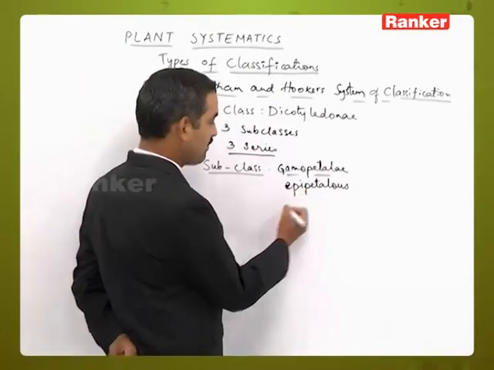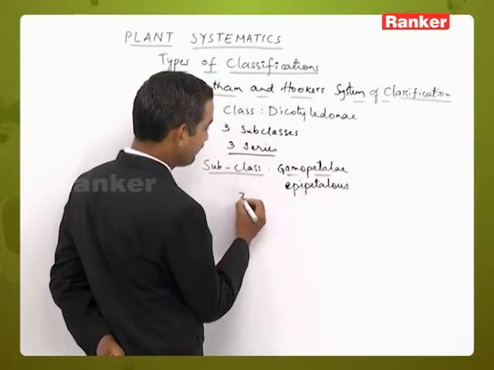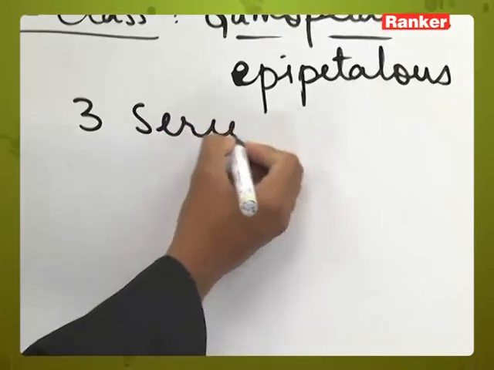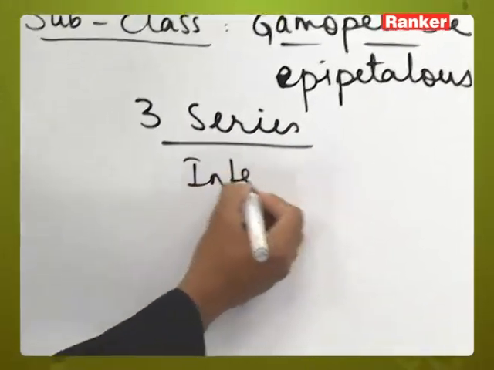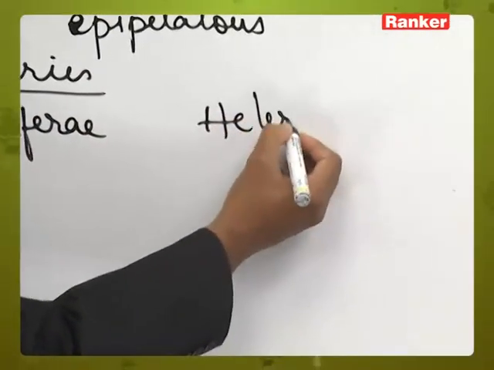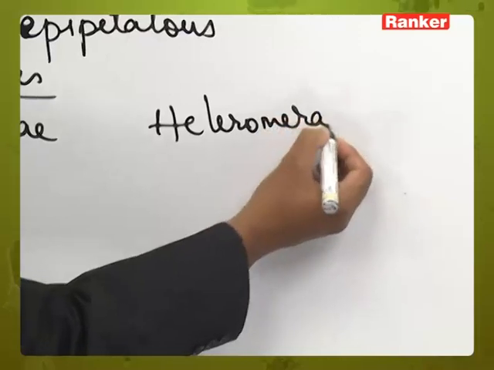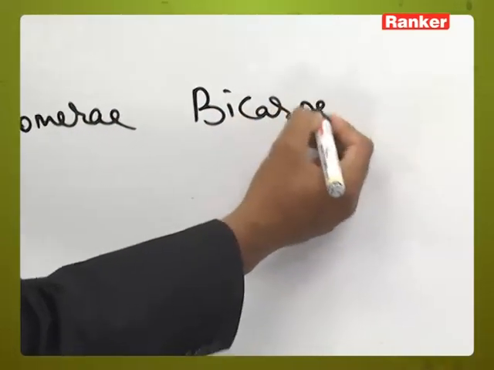So this character may be present in most of the Gamopetalae. Under this Gamopetalae there are 3 series. Those are inferae, heteromerae and bicarpellate.